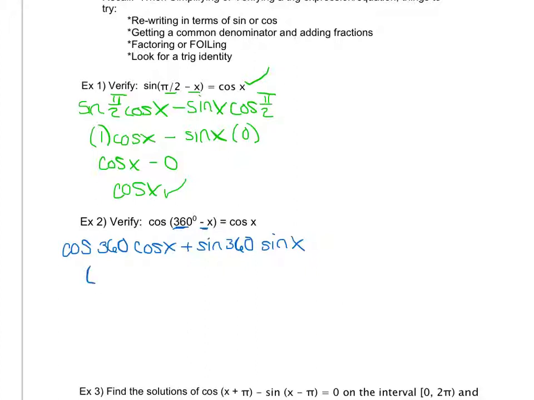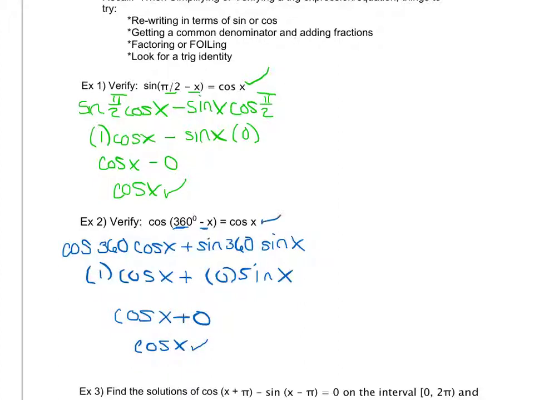Cosine of 360 is 1, and sine of 360 is 0. Multiplying, I get cosine of x plus 0, so I'm left with just cosine of x, and once again I've successfully shown how my left side can be equal to my right side.